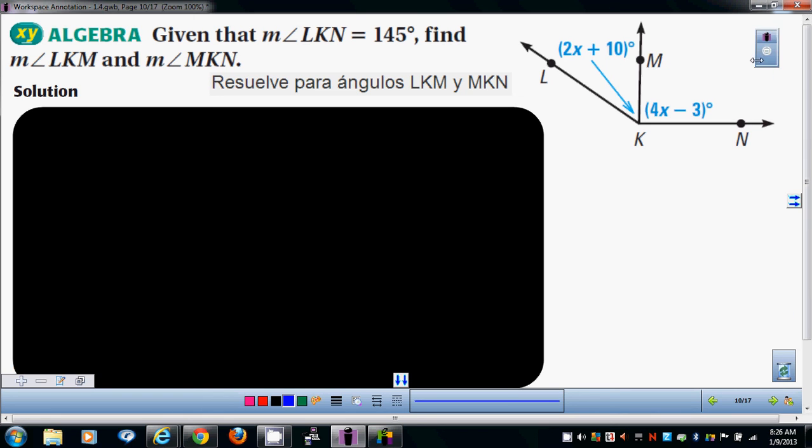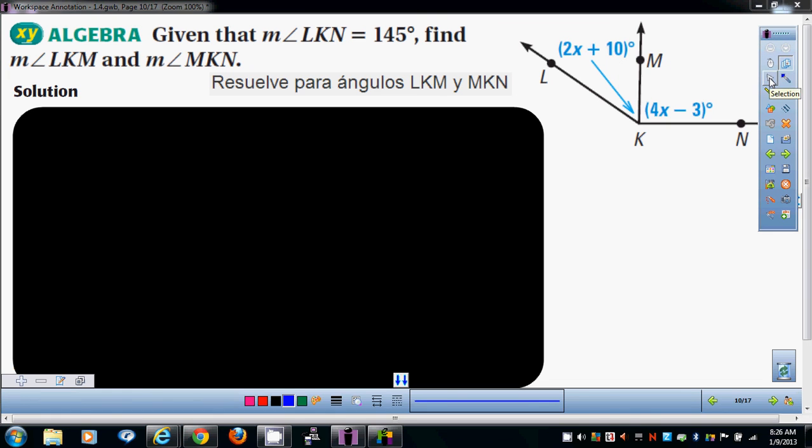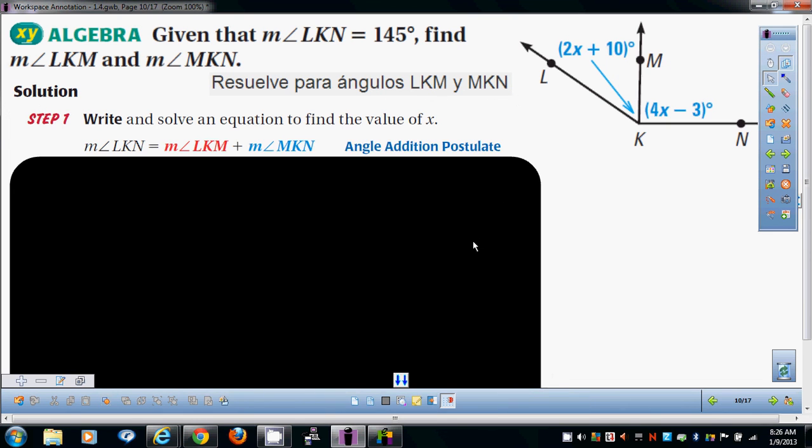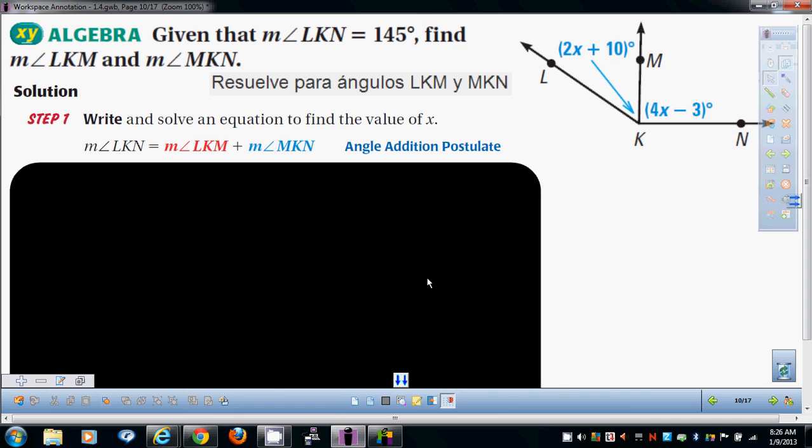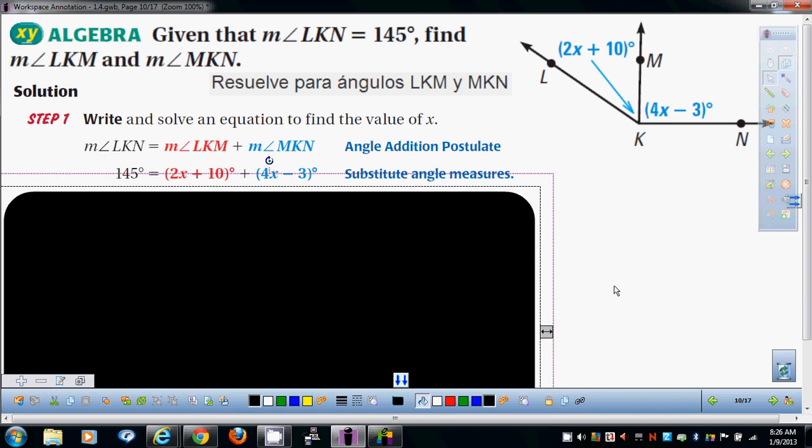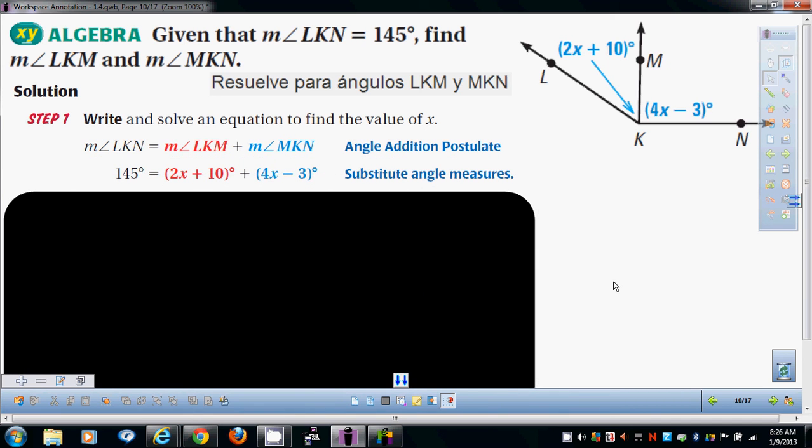So what we're going to do is add those two angles using the angle addition postulate. We're going to add up the smaller ones to equal the big one. So, we took 2x plus 10 plus 4x minus 3 and set it equal to the total of 145.